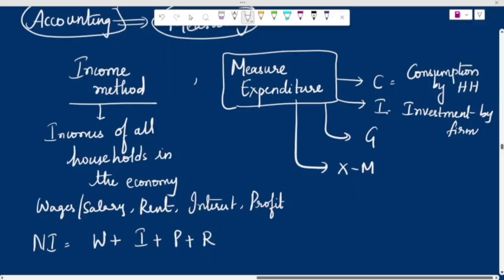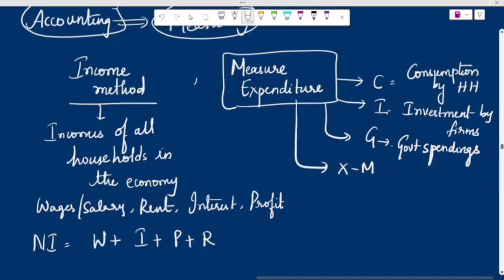G is nothing but government spendings on subsidies, on giving free of charge goods, on providing welfare schemes, on infrastructure. X minus M is nothing but net exports or net imports. We'll be importing something and we also will be exporting something.